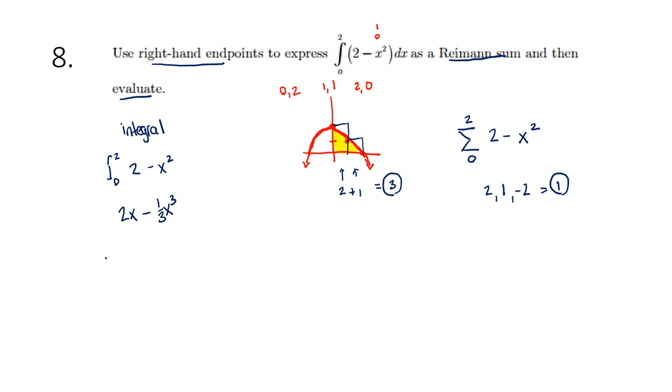And then we're going to plug in 2 into this. Get this answer and subtract, plugging in 0, which is just 0. And this is the final way I want you to represent this answer. So that would be 4 minus 8/3. Using your LCD, this would be 12/3 minus 8/3, which would be 4/3.